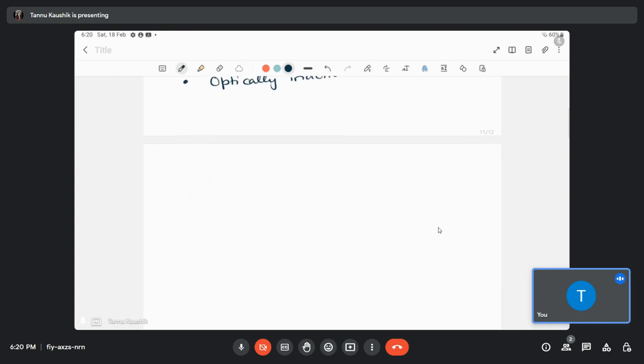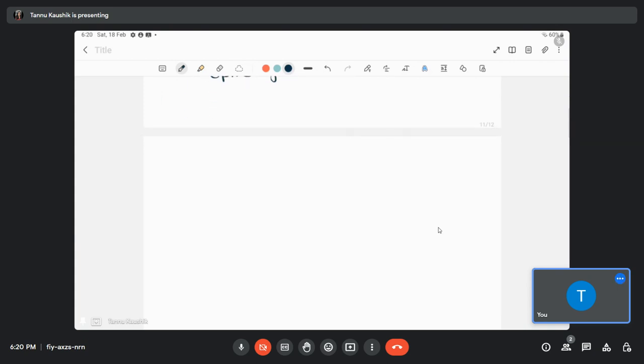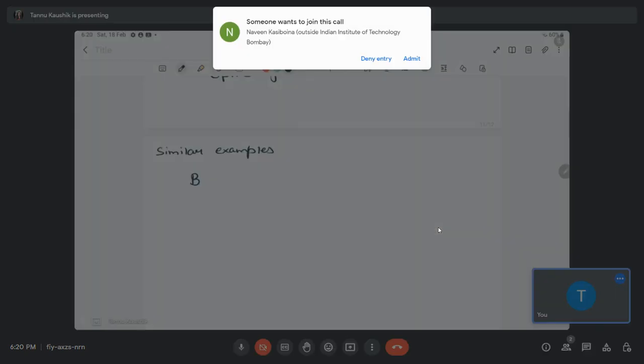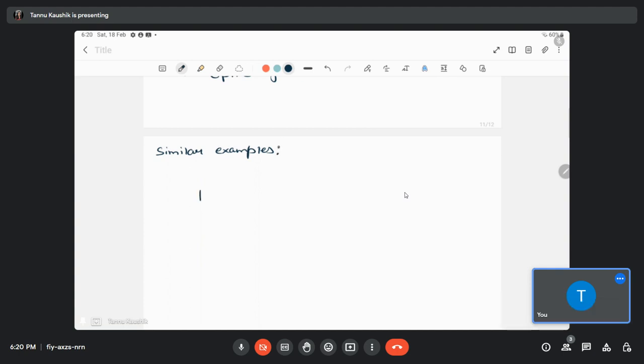So similarly, you can solve other examples similar to this molecule. I'm writing it as similar examples. So you can solve BF3.